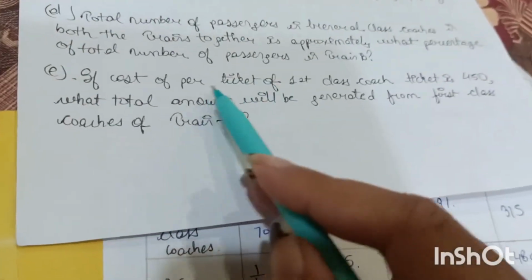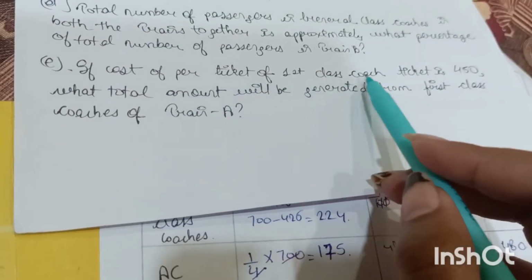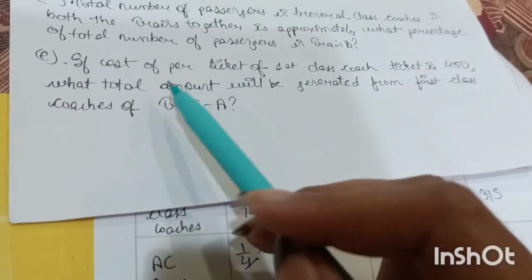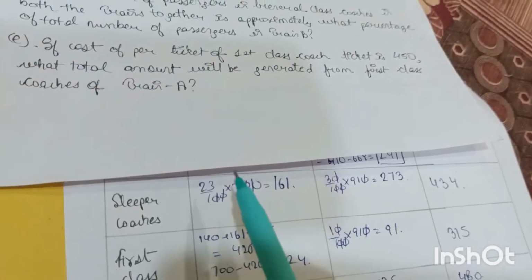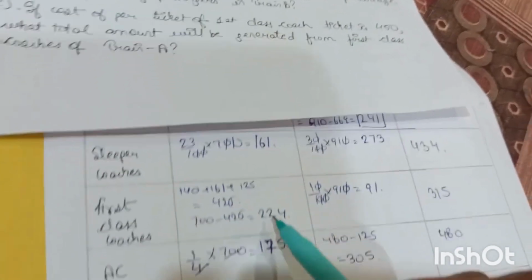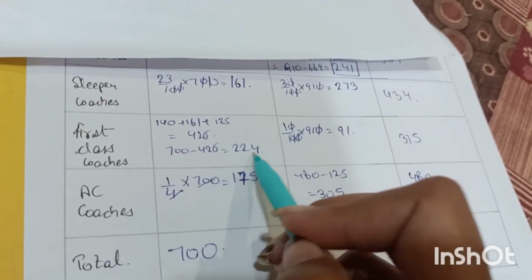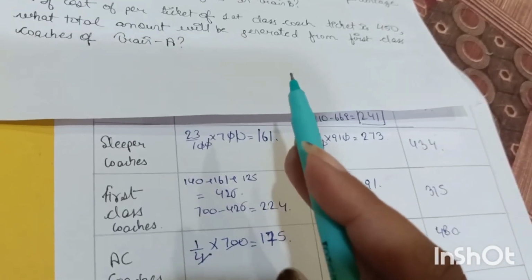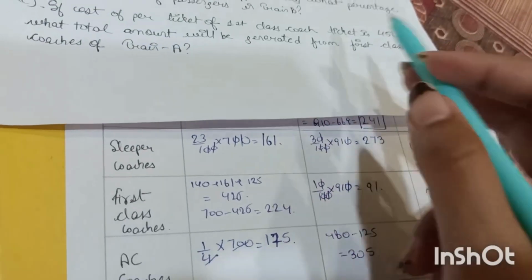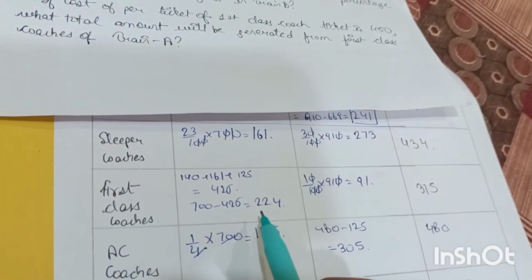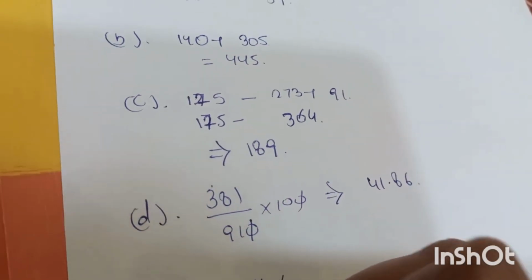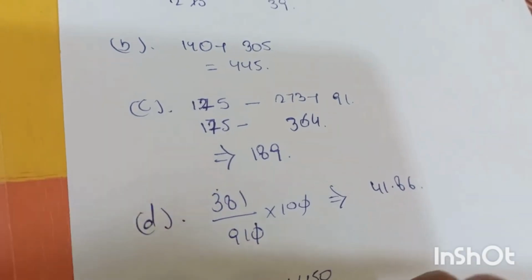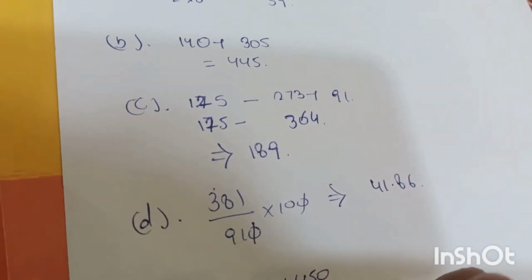Okay, so now let's do E. If the cost of a first class ticket is 450, what is the total generated from train A? So what is the total value for first class? It is 224 and the cost for one ticket is 450. So we have to multiply: 224 into 450. You will get the value as 100,800.